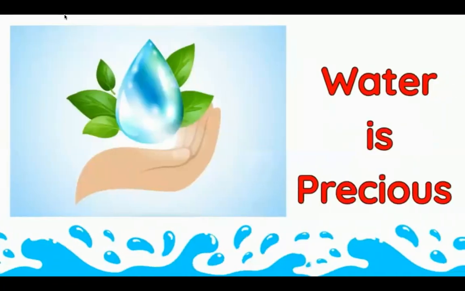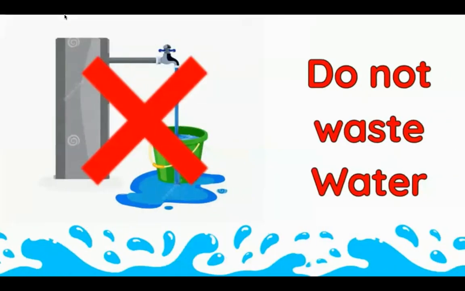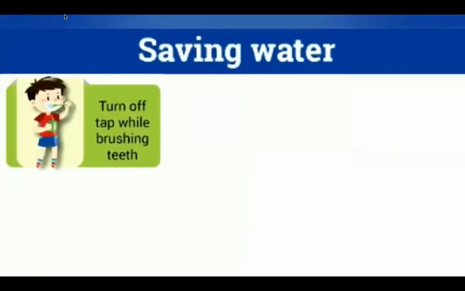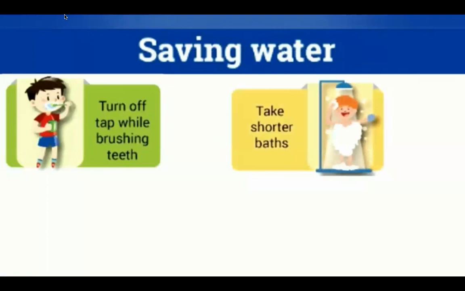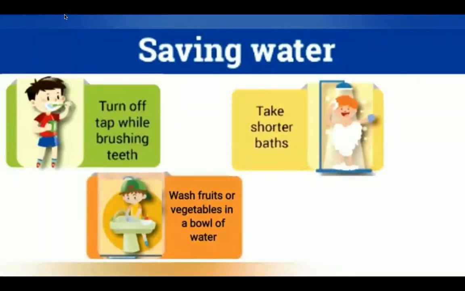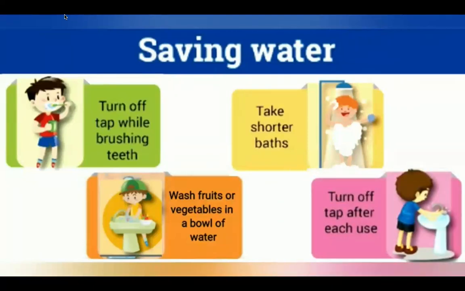Water is a precious natural resource. We should not waste water. Saving water: turn off the tap while brushing your teeth. Take shorter baths. Wash fruits and vegetables in a bowl of water. Turn off the tap after each use.